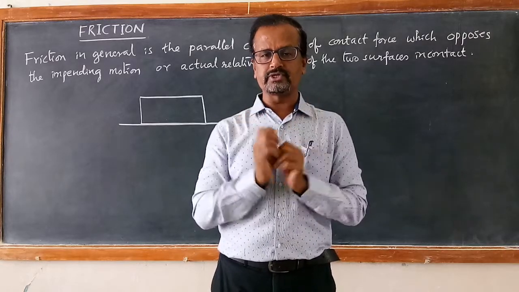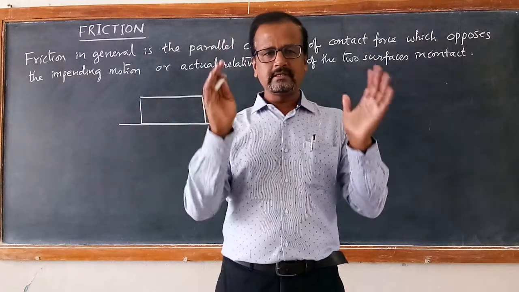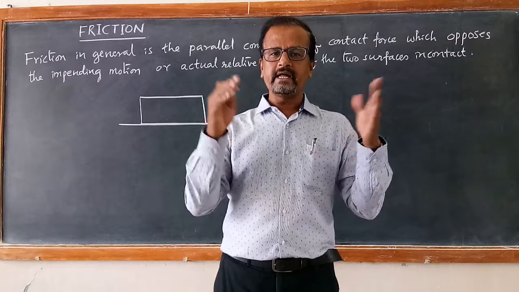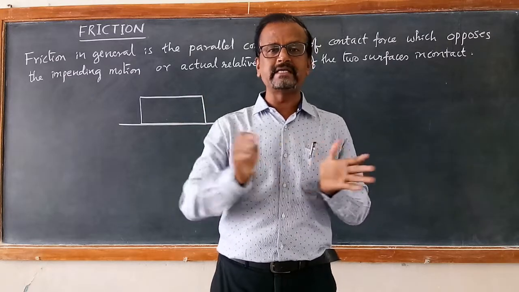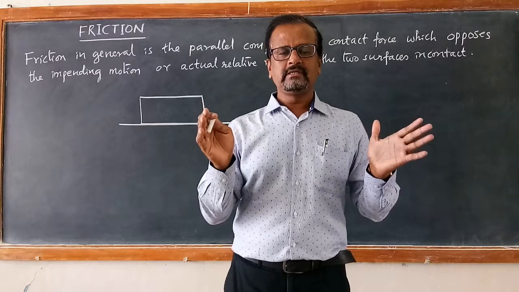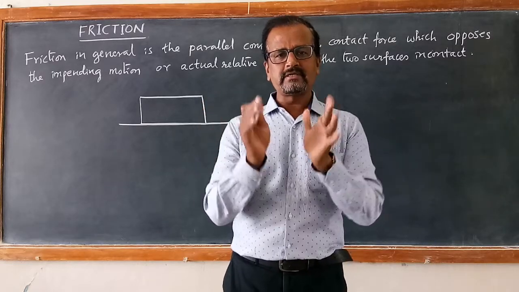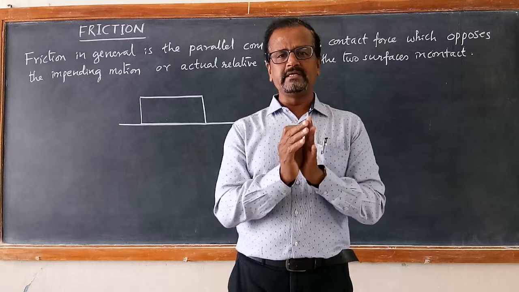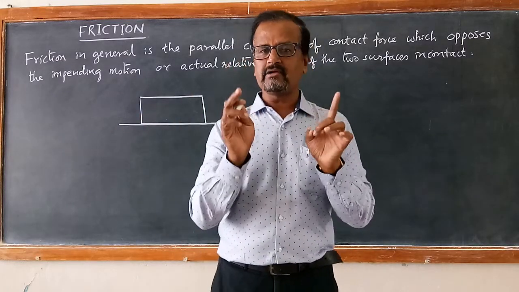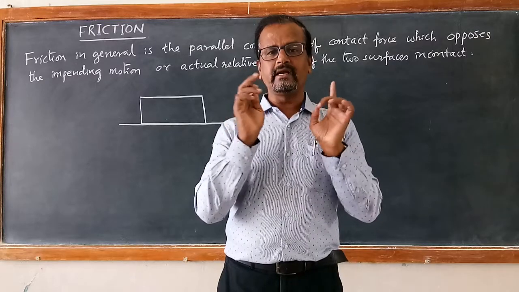I think you got the situation. Consider the box kept on the floor inside the compartment of a train, and the train is accelerating and the box is at rest. When the box is at rest, it means the box is also moving with the same acceleration as the train.